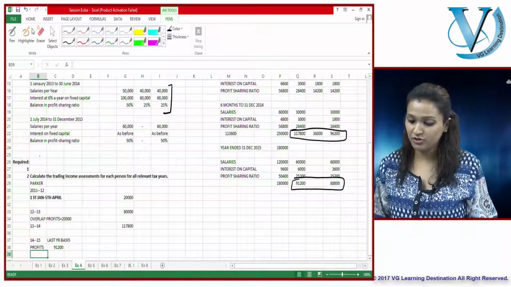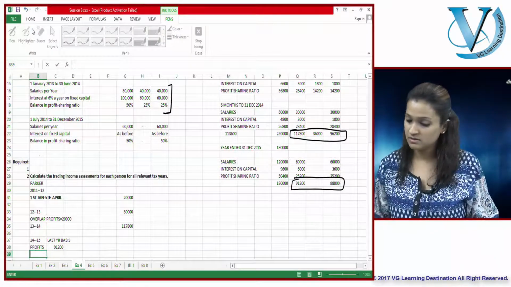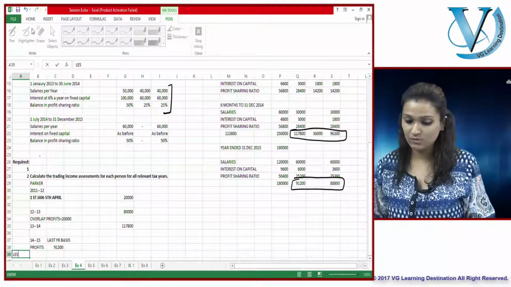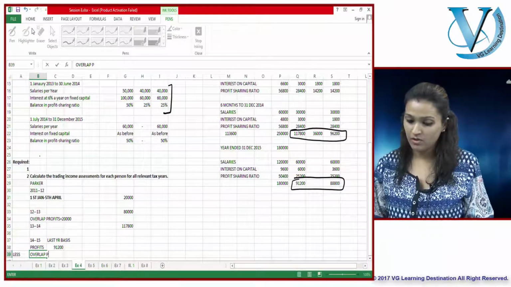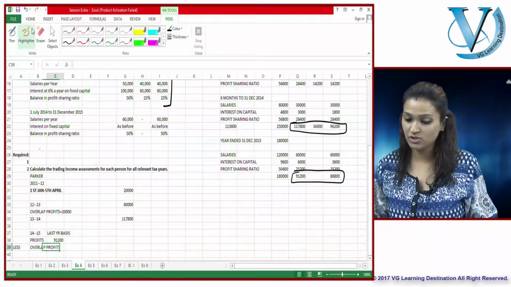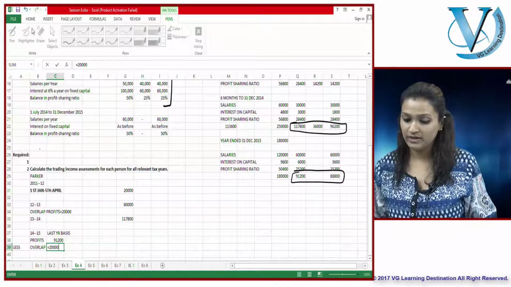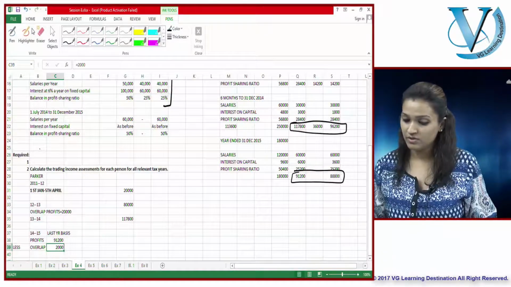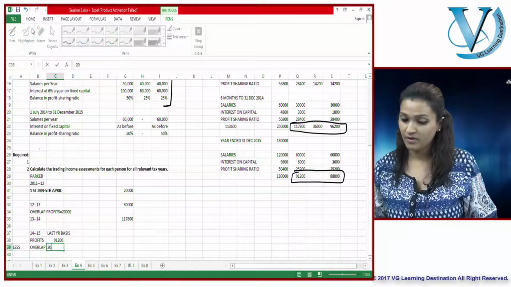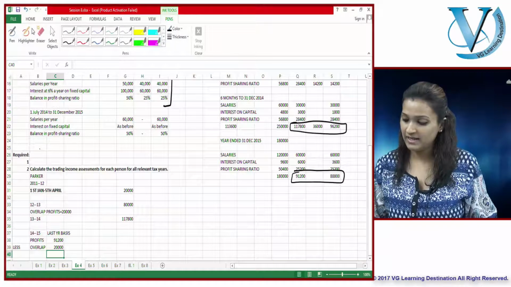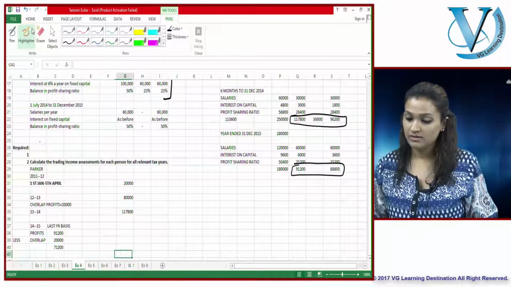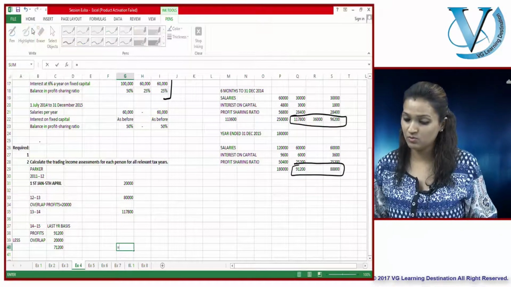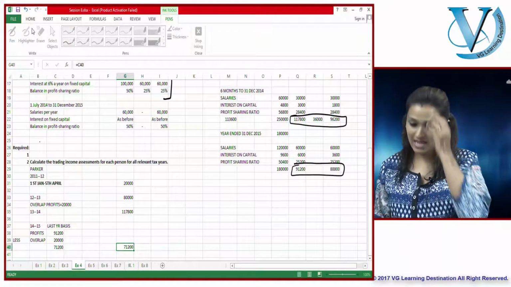From this profit, you less your overlap profits of 20,000, resulting in a net profit of 71,200, which is what gets taxed in the last year.